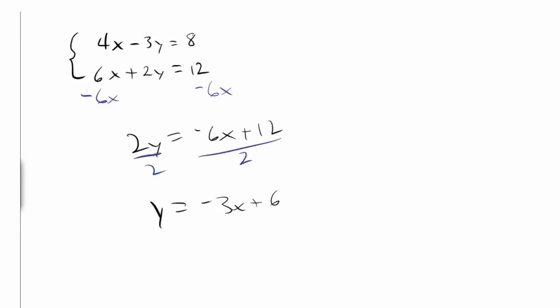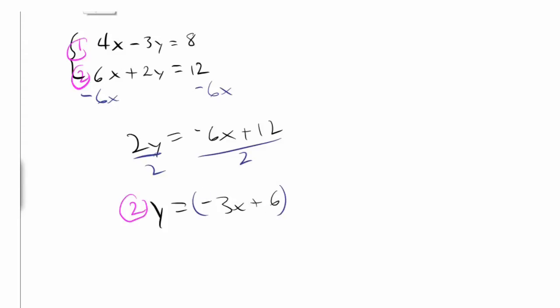Now, let's call this equation 1 and this equation 2. Now I got equation 2 rewritten in a form that is useful to me. So I'm going to take this and put it into equation 1.